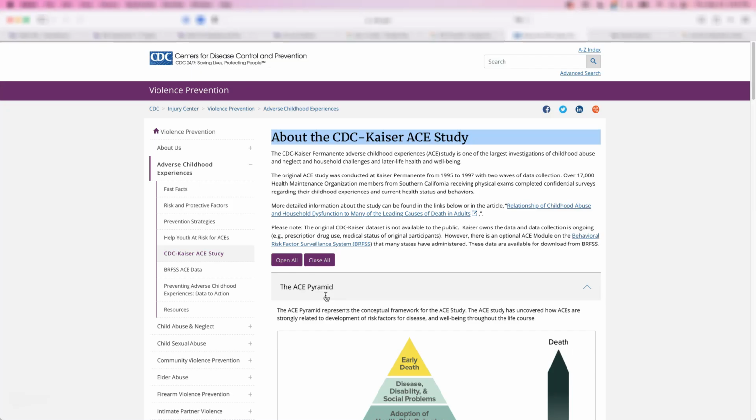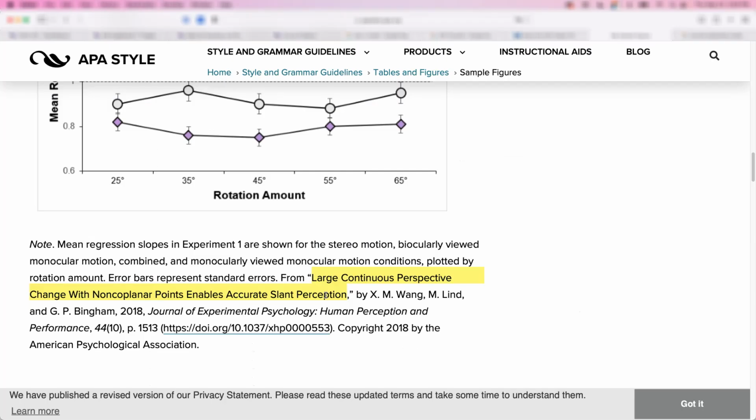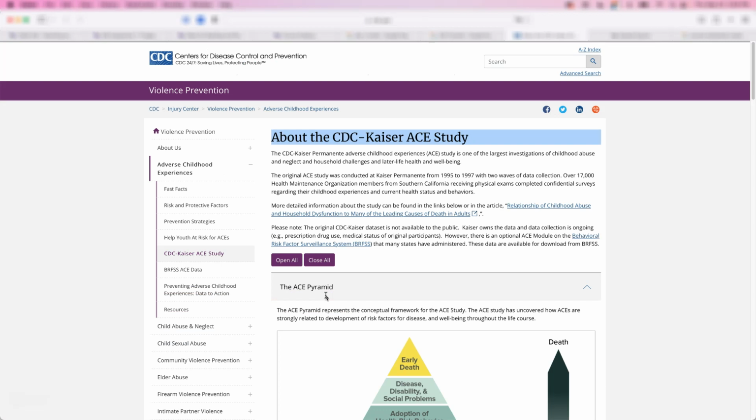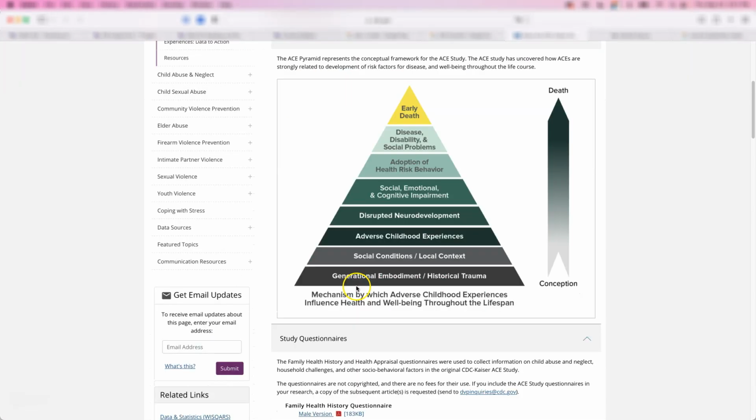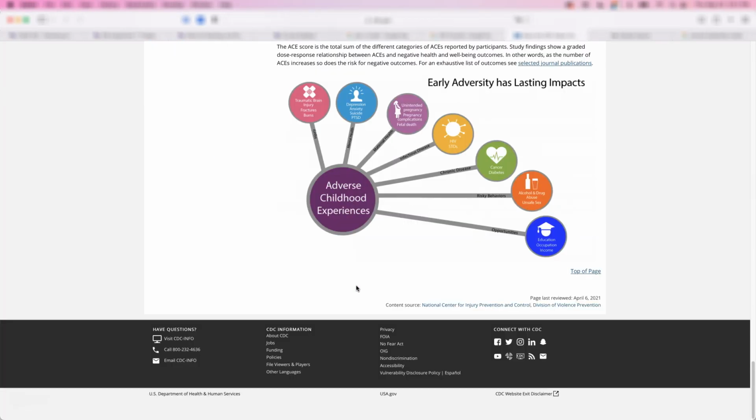Looking back, the next thing that we have to list is going to be the publication year. And we see that this particular page here, we have last reviewed. That's not telling us when it was published.